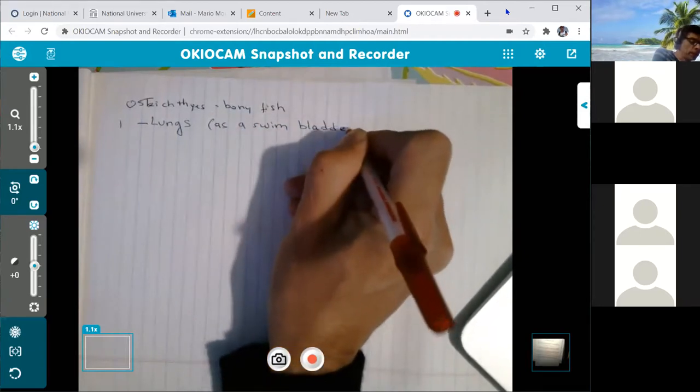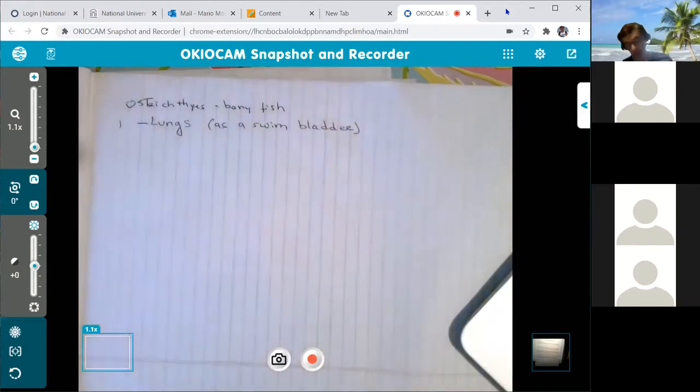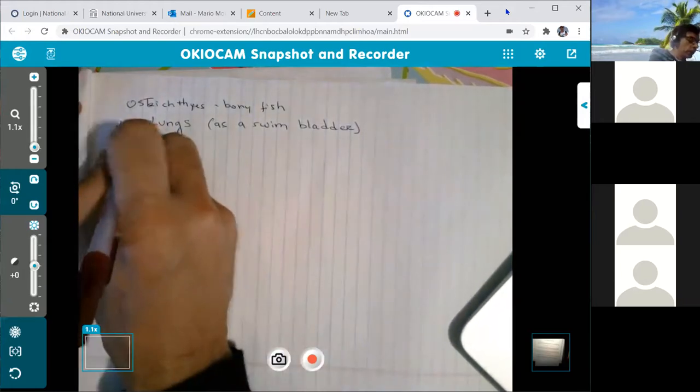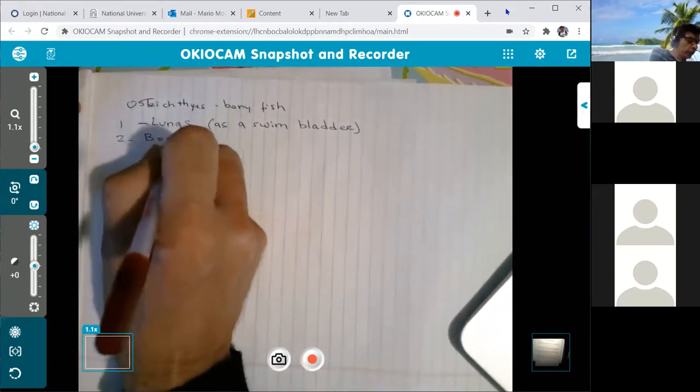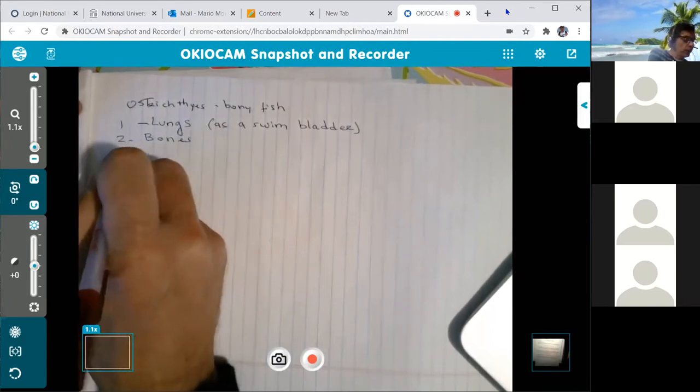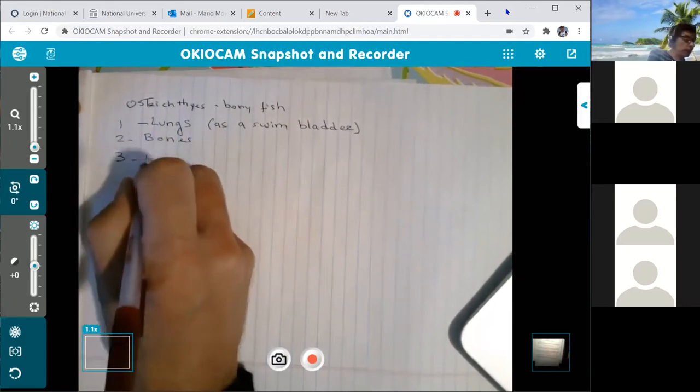Last time I went over what a swim bladder is, and I'll get more into that. I'm going to give you the list of the 4, and then I'll go back and explain. Number 2 is the obvious: they have bones. Number 3, bony scales.